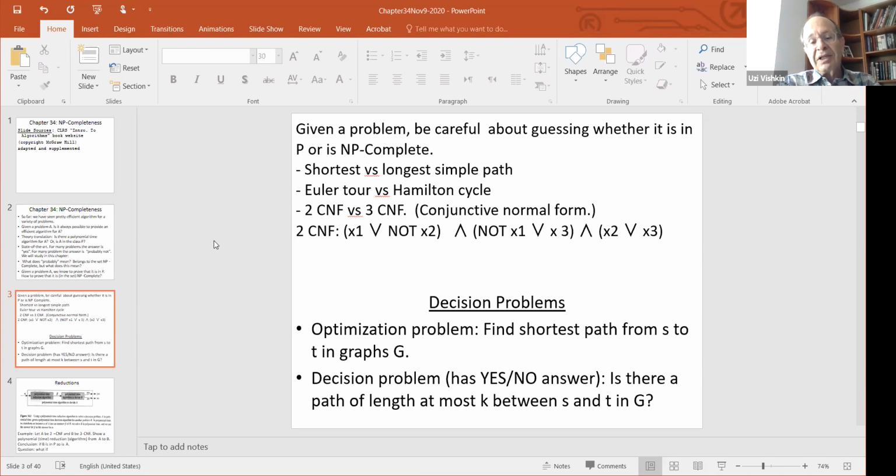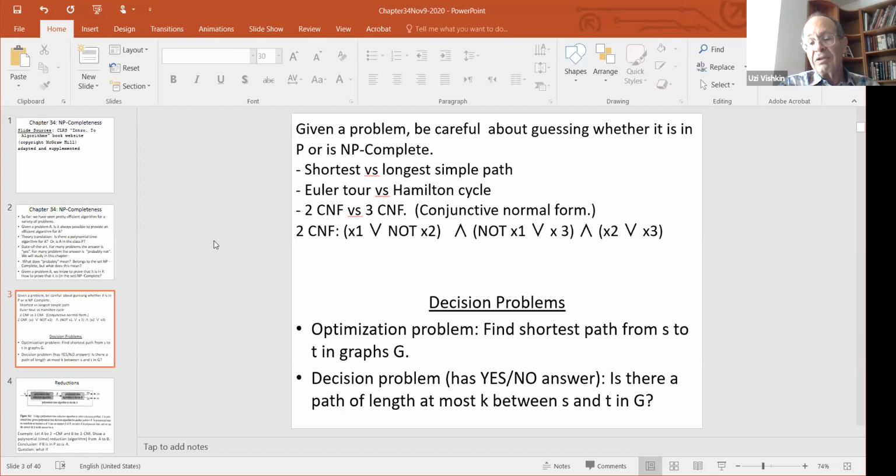What is a Hamilton cycle? A Hamilton cycle is the same question, meaning, can you find a simple cycle that goes through all, and now the all will be all the vertices, and include all of them exactly once. So here Euler tour is all the edges.